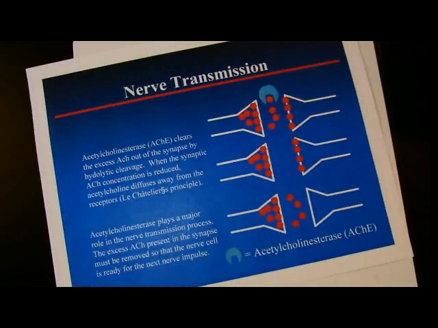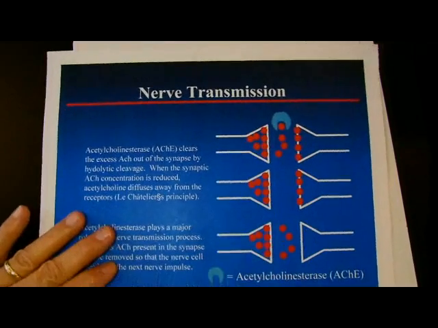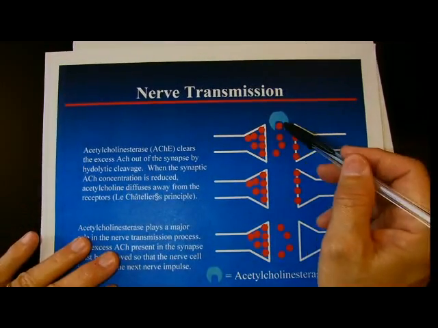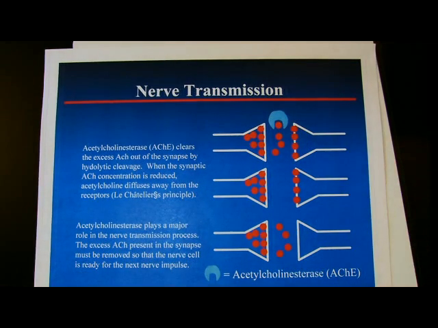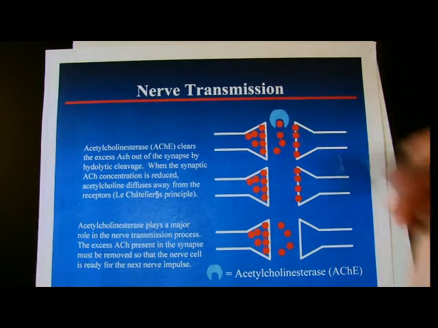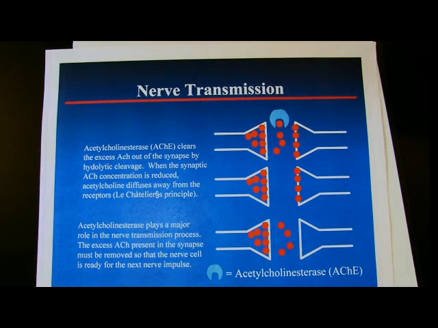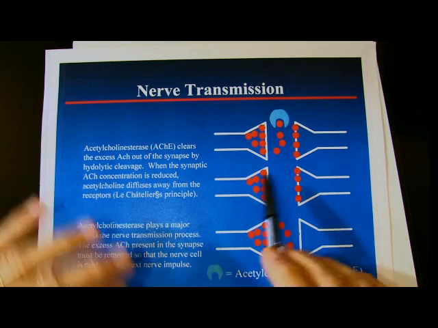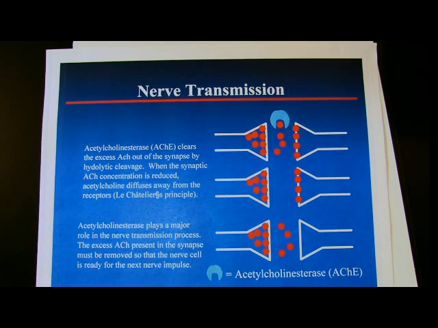So that's what acetylcholine looks like, and what happens is acetylcholine goes in there. And here is the acetylcholinesterase, like a little Pac-Man thing, that goes in and reacts with the acetylcholine to break it apart. And when it's broken apart, it doesn't transmit the signal.